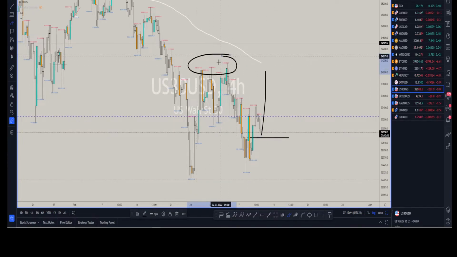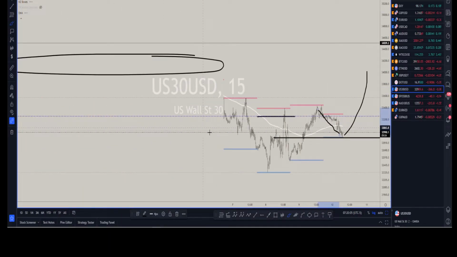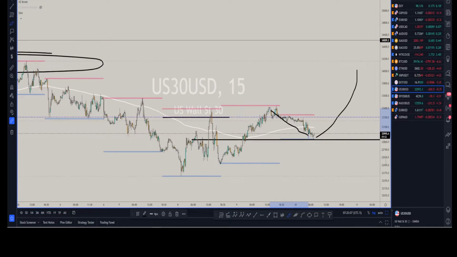Why not? We just broke structure, retested it, looking for the long. Yeah, it's possible. How to validate and invalidate that setup? That's where trading comes in, right?